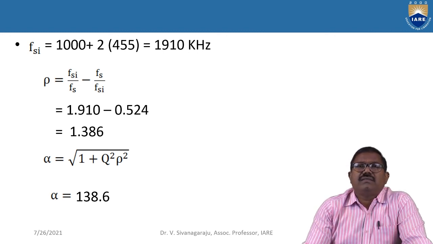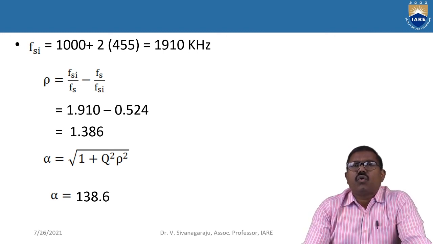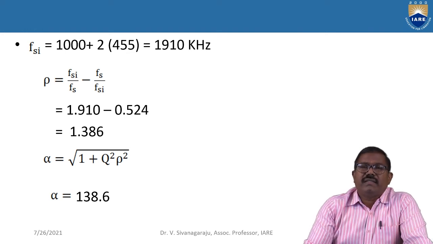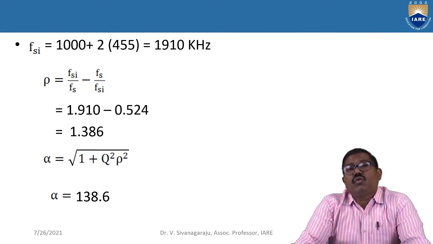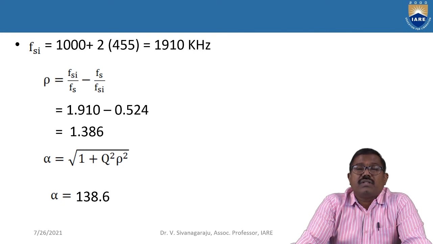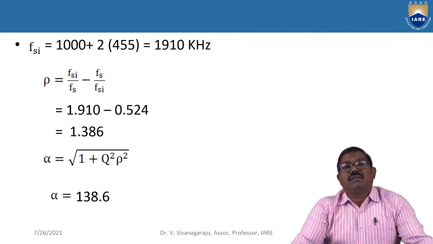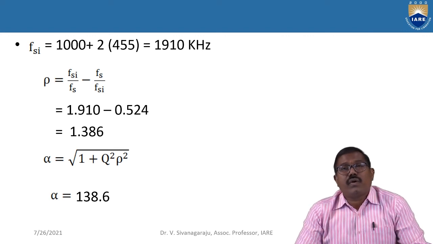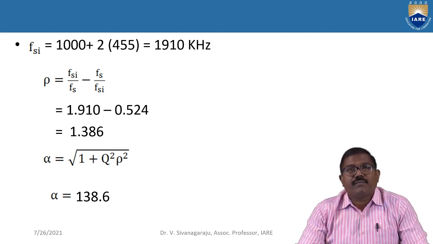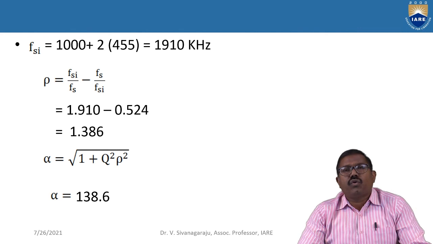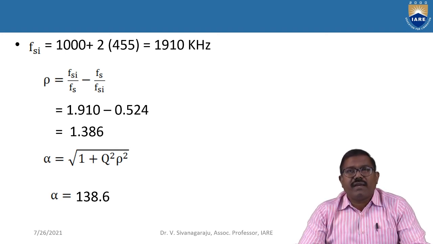And now rho. Here the image rejection ratio is defined as alpha, which is equal to the square root of 1 plus Q square rho square. For finding rho, Q is already given, so we are going to find rho. The rho value is Fsi by Fs minus Fs by Fsi.